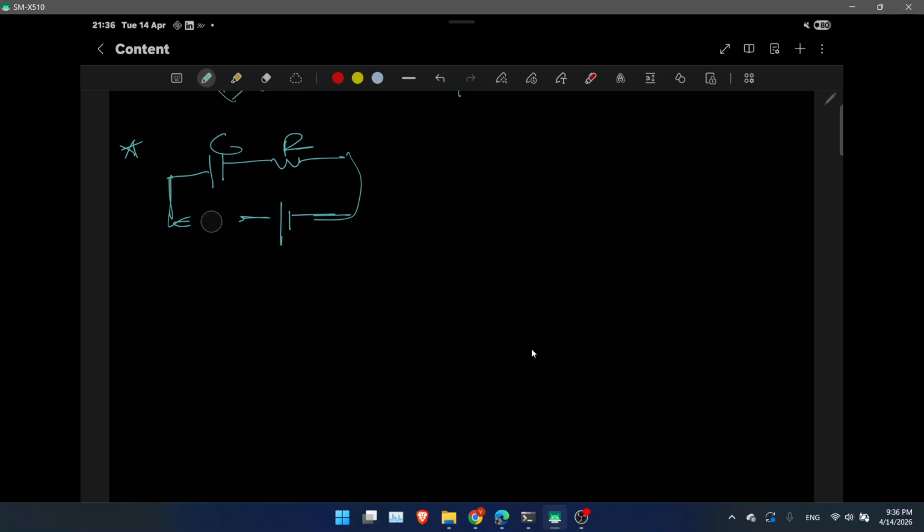If we close the switch, since this is a DC circuit, there is zero current. To flow a current through a capacitor, it would need to be some kind of alternating current. Since this is DC, there is no current flowing, but the capacitor is charged. So when we open the circuit, what happens is the capacitor is discharged through this resistor.